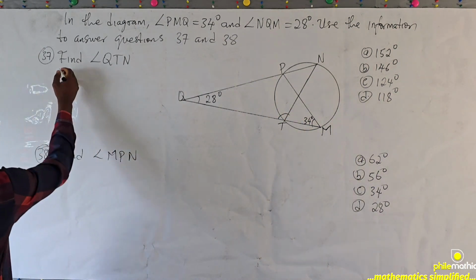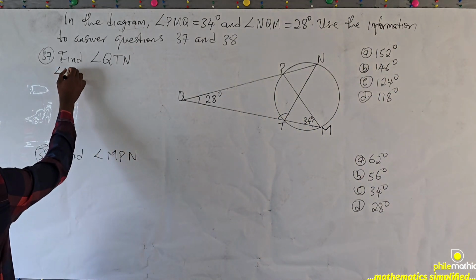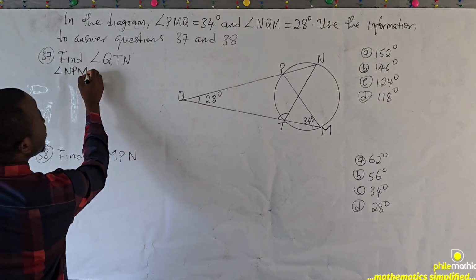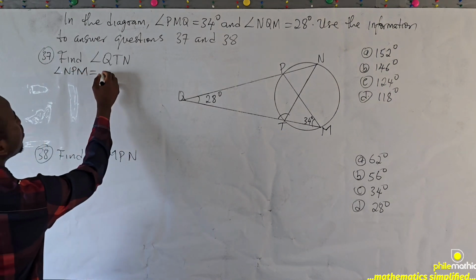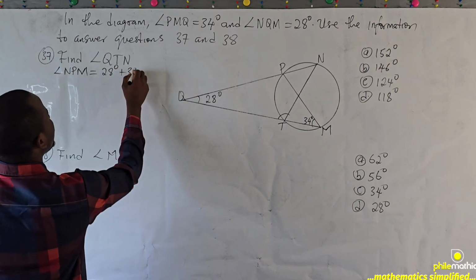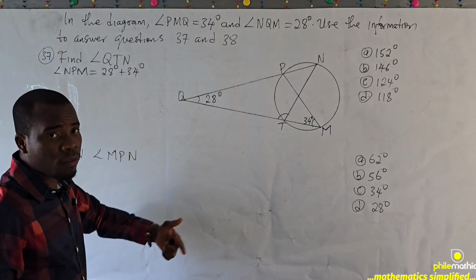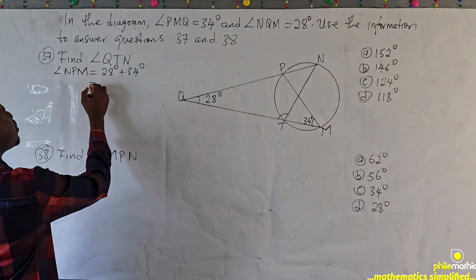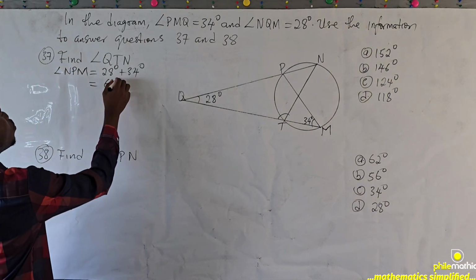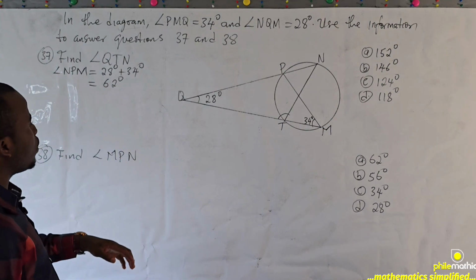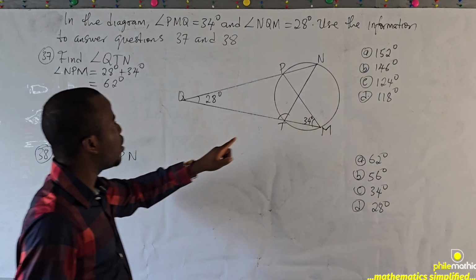So angle MPN is simply 28 degrees plus 34 degrees. The exterior angle of a triangle is the sum of the two opposite interior angles, which is 62 degrees. But what we are looking for is this angle here.